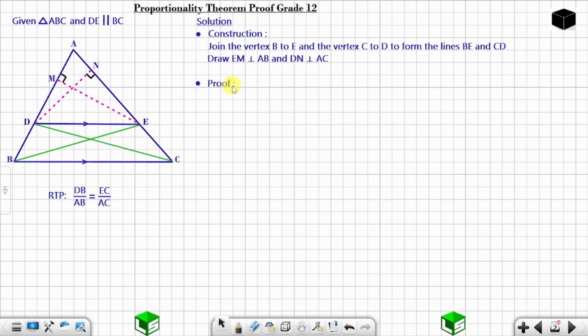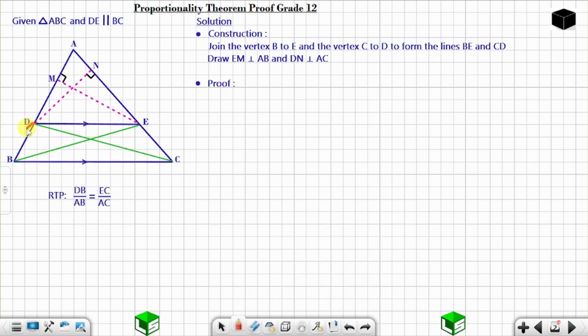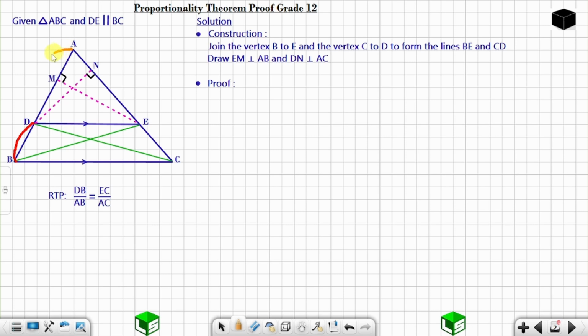Okay, now proving, after constructing. You are going to need DB over AB. So you are going to need triangle DBE, because you can have DB, and triangle ABE, because you can have AB.